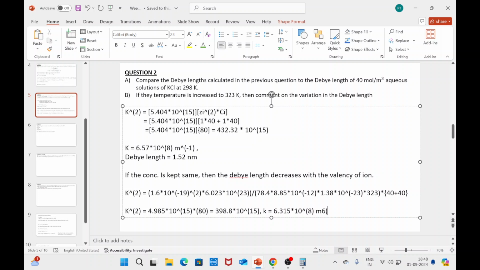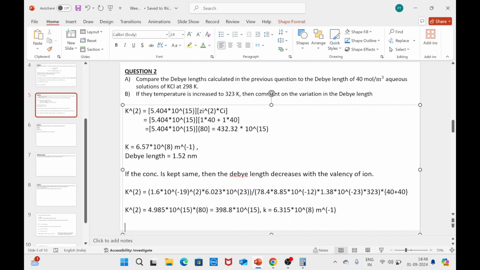Please remember the units. Units of kappa is meter inverse, and the Debye length, which is the inverse of this, has units of meter. In case you get confused about which is the Debye length, whether it is kappa or kappa inverse, if you remember the units, then it will be easy.